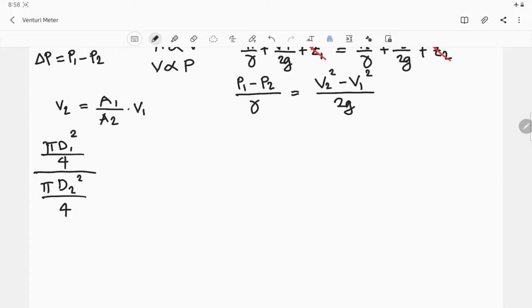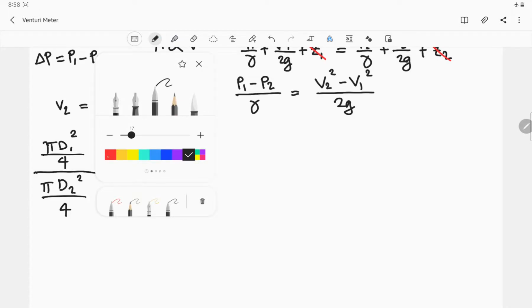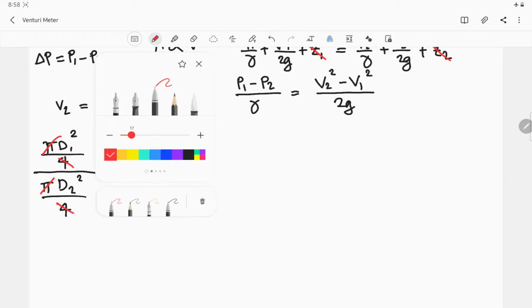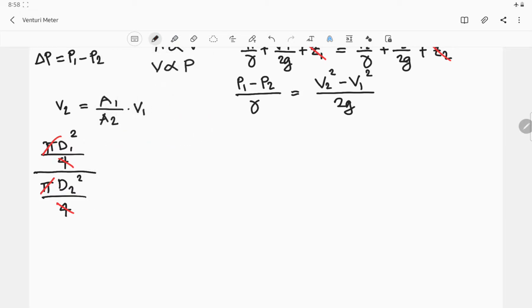That is A1 over A2, right? But we can always cancel the pi and 4. So what remains is d1 squared over d2 squared.